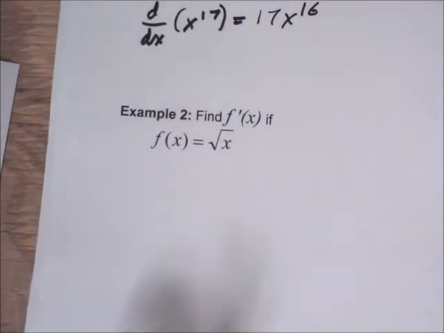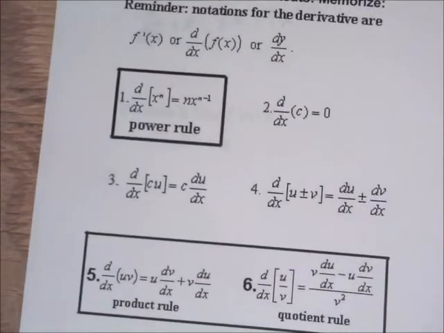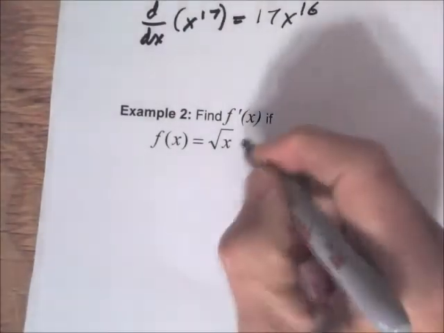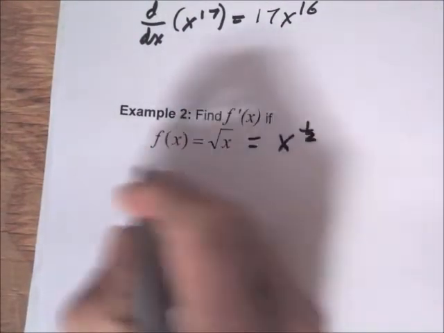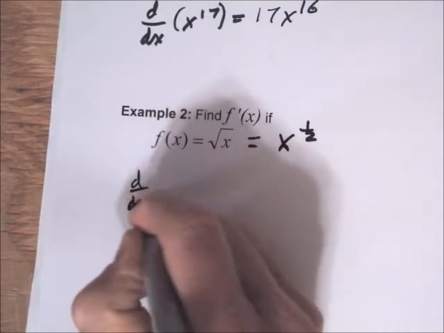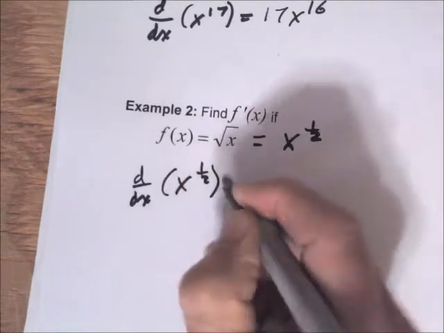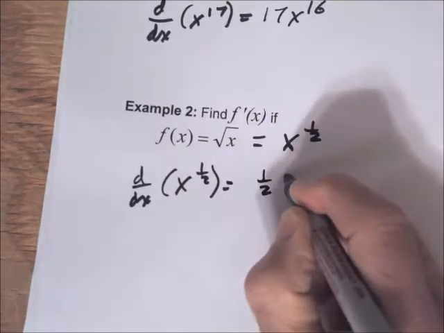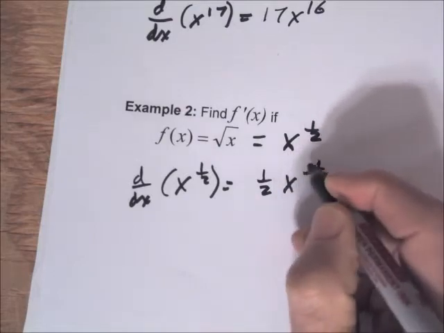Derivative of the square root of x. Well, we don't have a separate rule here for square roots, but we can write the square root as an exponent, right? So this is equal to x to the 1/2 power, and so the derivative of x to the 1/2 power is 1/2 times x to the negative 1/2. 1 minus a half is a negative 1/2. So it's the power rule again.